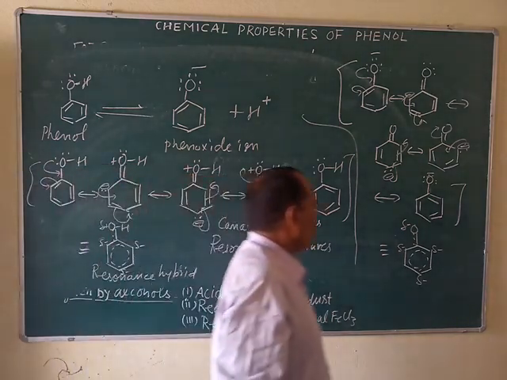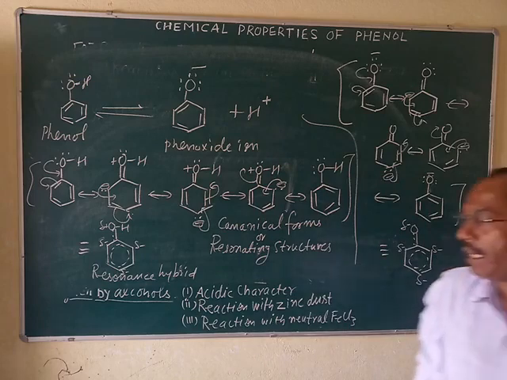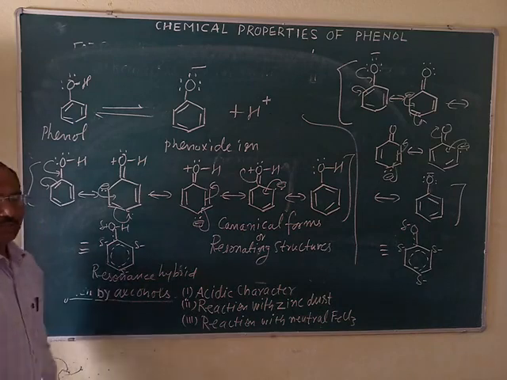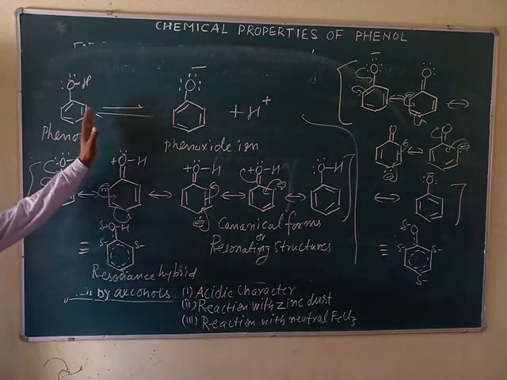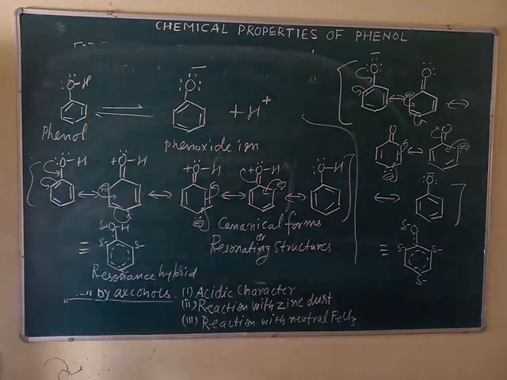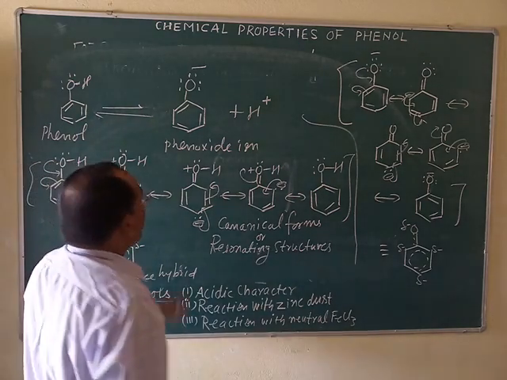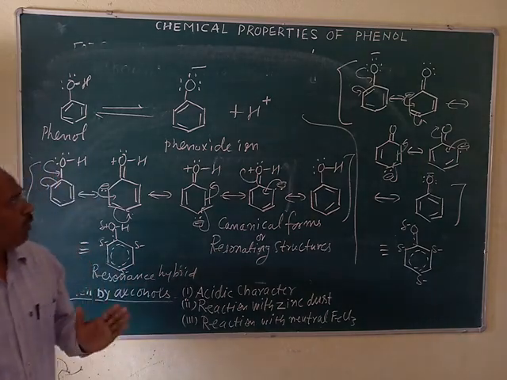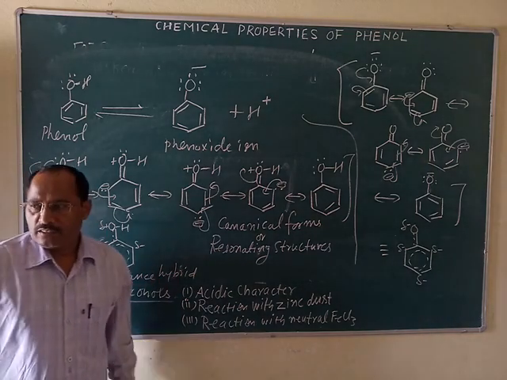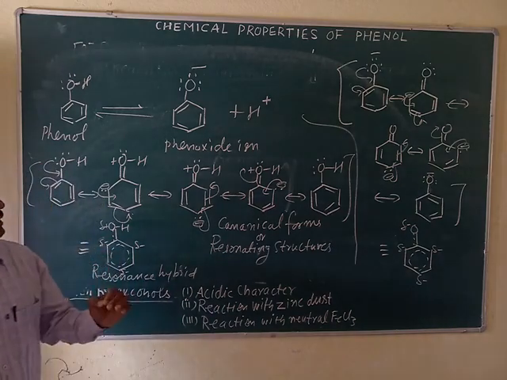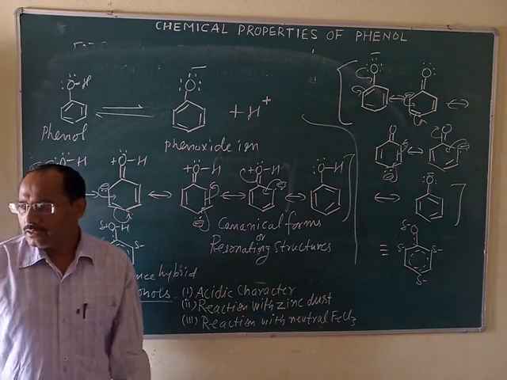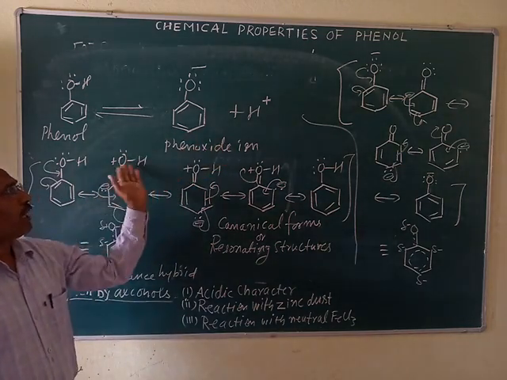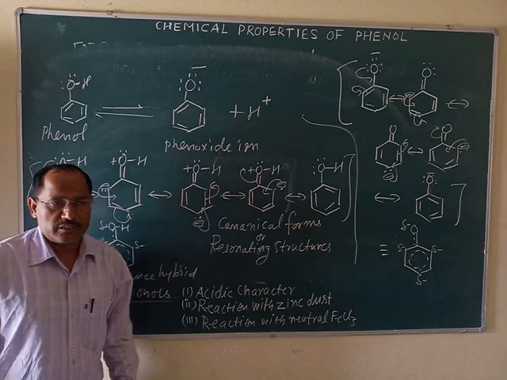Now compare the resonating structures of phenol and phenoxide ion and find which one is more stable. If two species are compared, and one species involves resonance while the other does not, then the species which involves resonance is more stable. In this case, both phenol and phenoxide ion exhibit resonance.